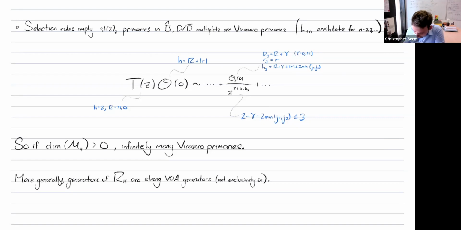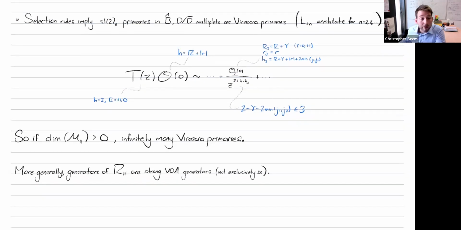And a conclusion that we get that may or may not change our perspective is that if we have a four-dimensional theory that has a non-trivial Higgs branch, so the dimension of its Higgs branch is bigger than 0, then remembering that we get B hat operators corresponding to all of the algebraic functions on the Higgs branch, of which there will be infinitely many if the Higgs branch is a positive dimensional algebraic variety, this means that we'll get an infinite number of Virasoro primary operators necessarily.